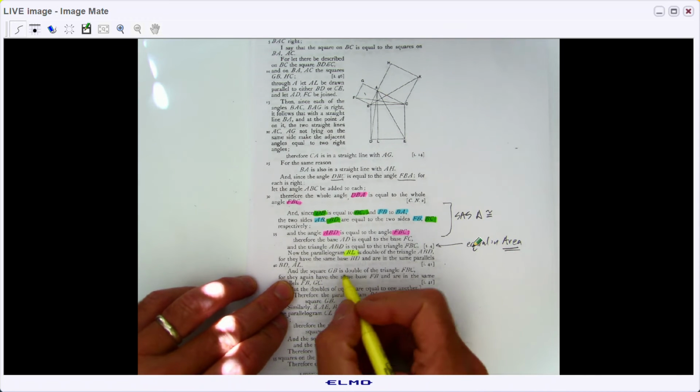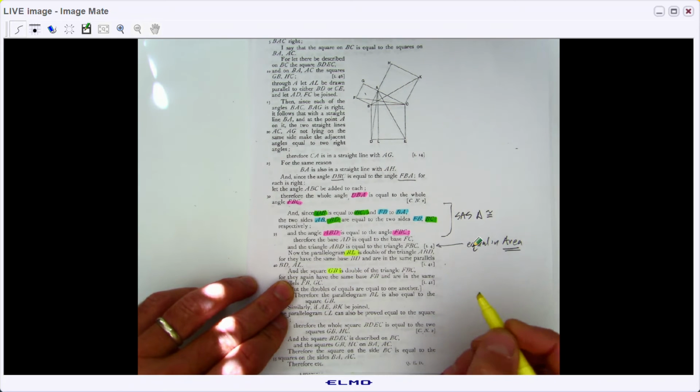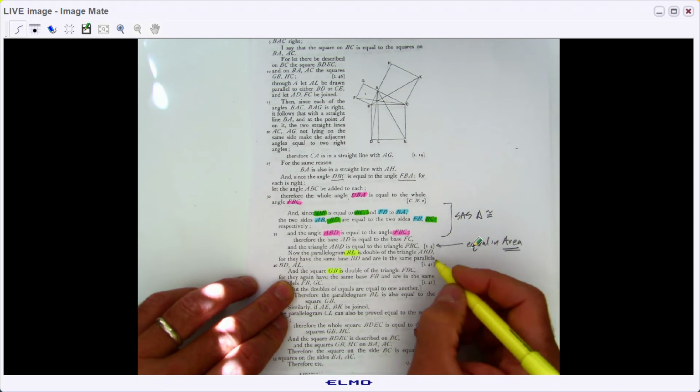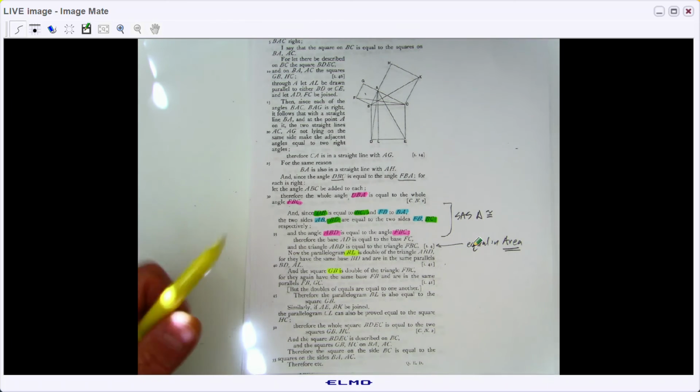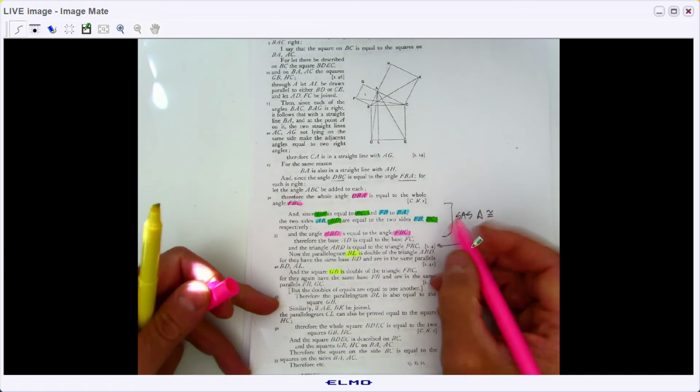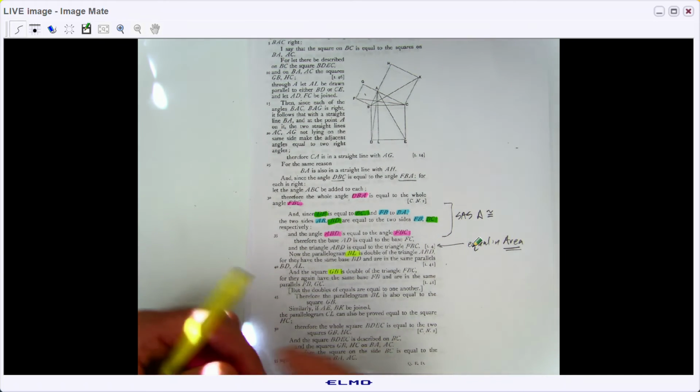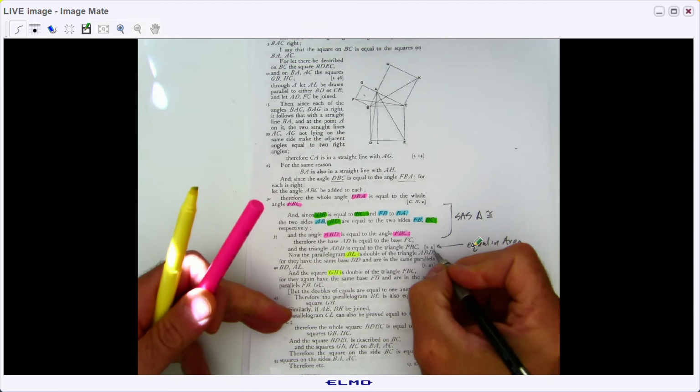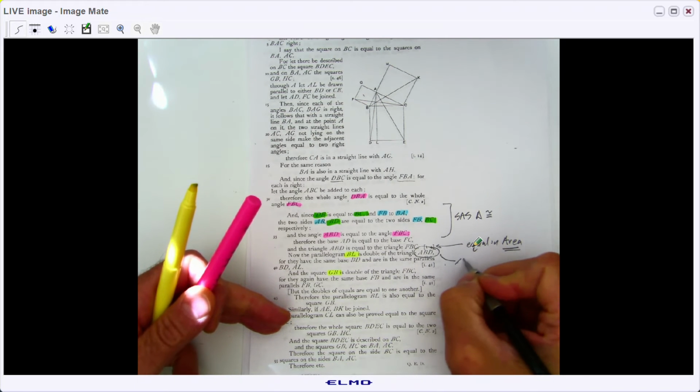And he says the square on GB is double the triangle ABD. So I guess this one was the lines triangle.